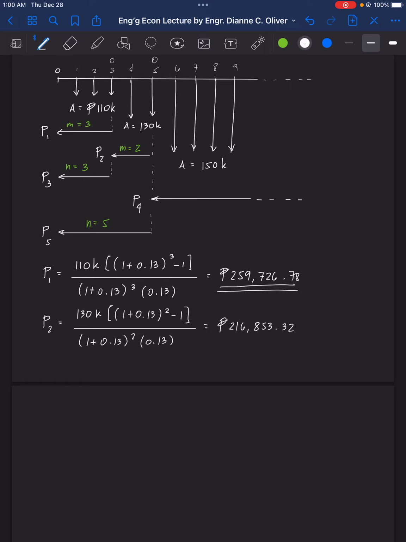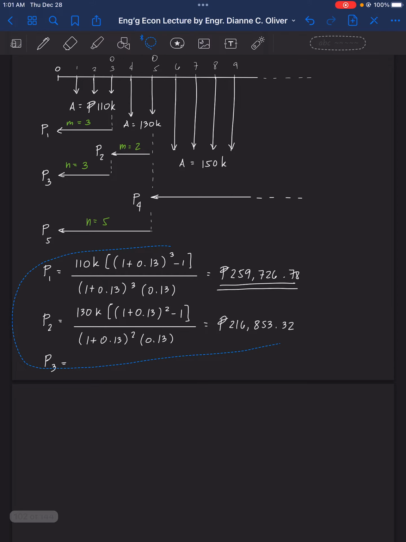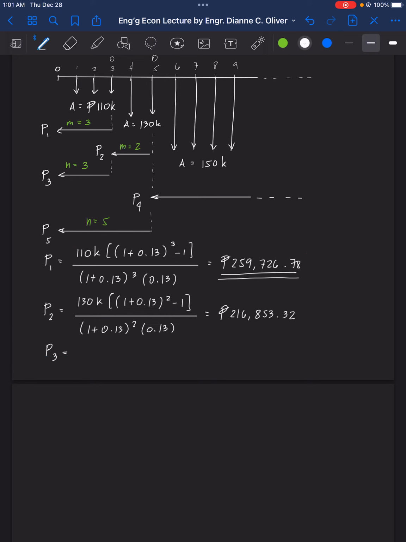And then, oh, by the way, this is our P1. So our P3 is equal to the compound interest. Let's move this upward. So that is 216,853.32 divided by, using the compound interest formula, 1 plus 0.13 raised to the power of, this one here, raised to 3.